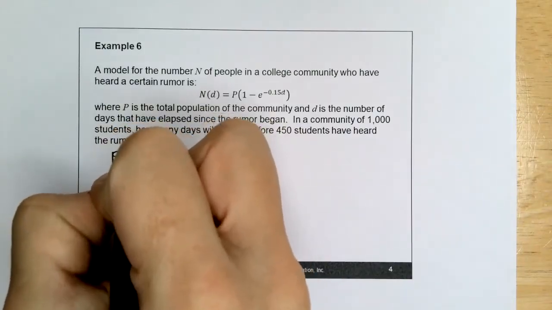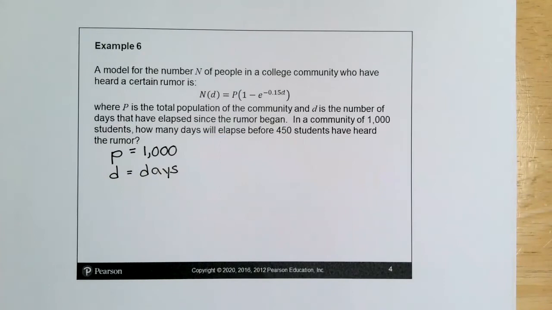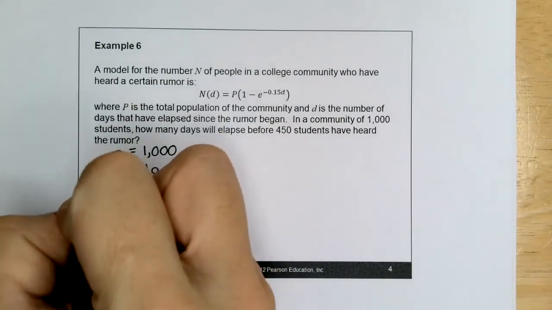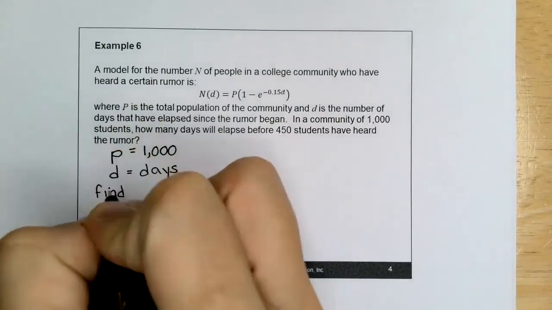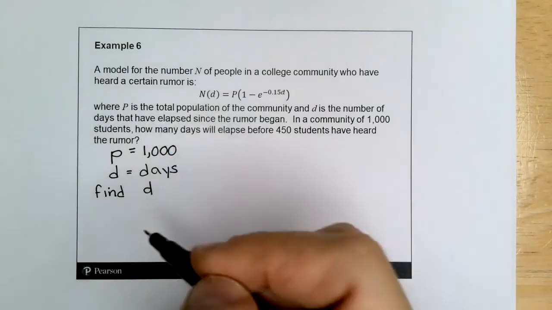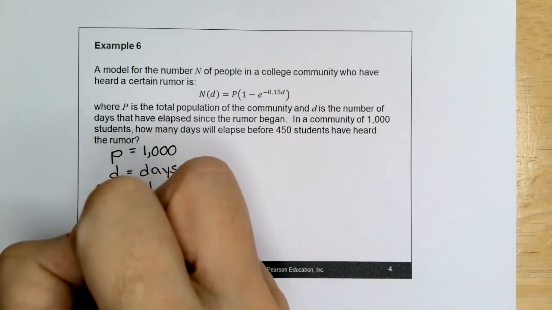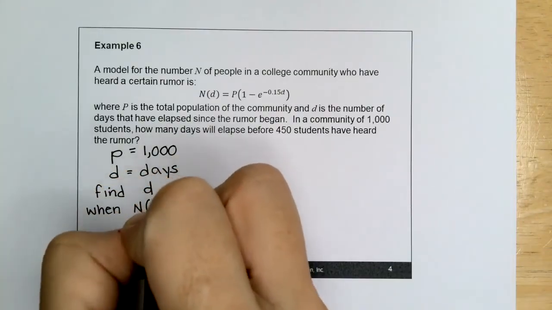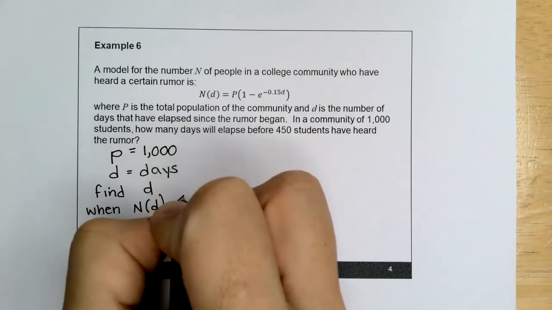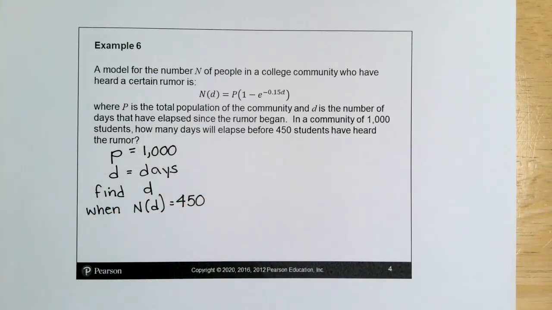D is days, and d is what we want to find. So we need to find d when the whole answer is 450. What is d when n of d is 450?